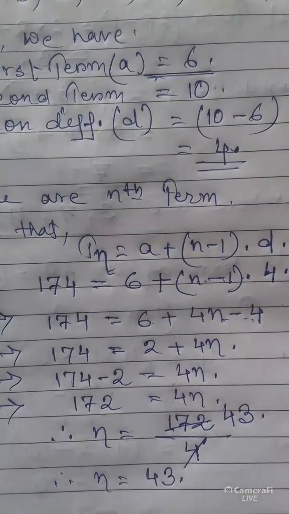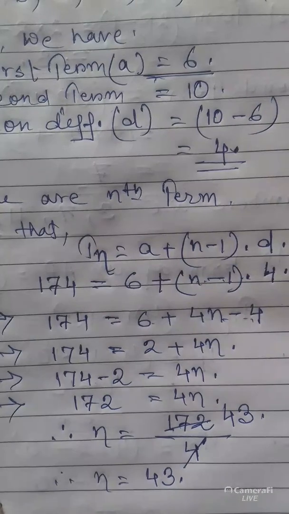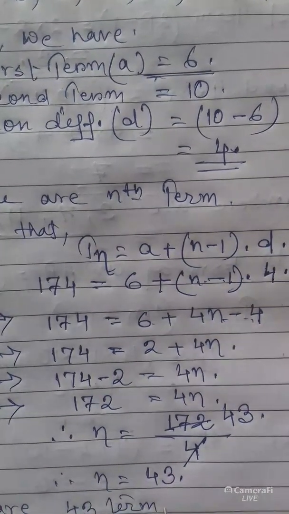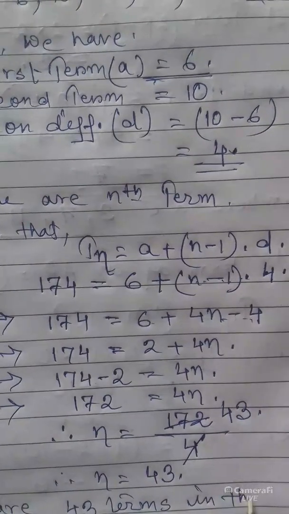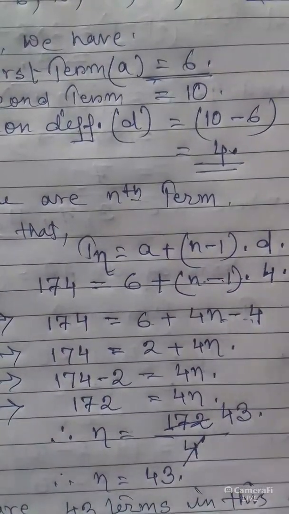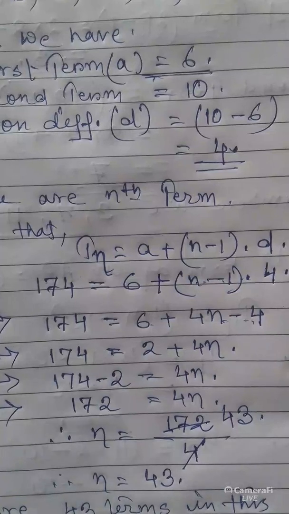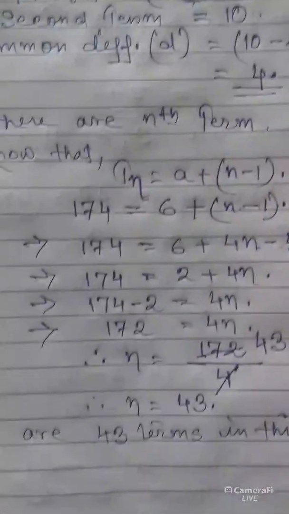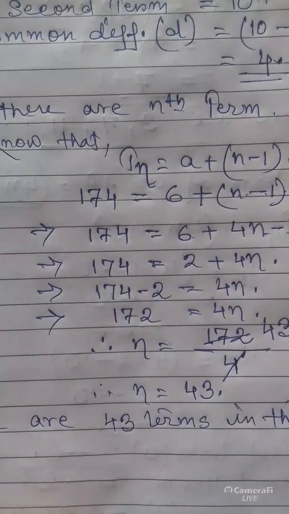How many terms are there? There are 43 terms in this AP. Now question 9.